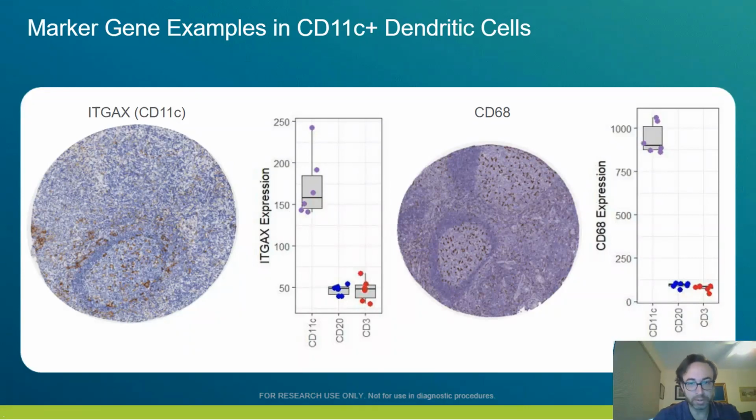Similarly, myeloid cells and macrophages are commonly marked by a gene called CD68, and we see specific enrichment of that within the CD11C compartment, suggesting that these are in fact myeloid cells that we are picking up, and that there may be some macrophages also within this particular compartment of the tissue.